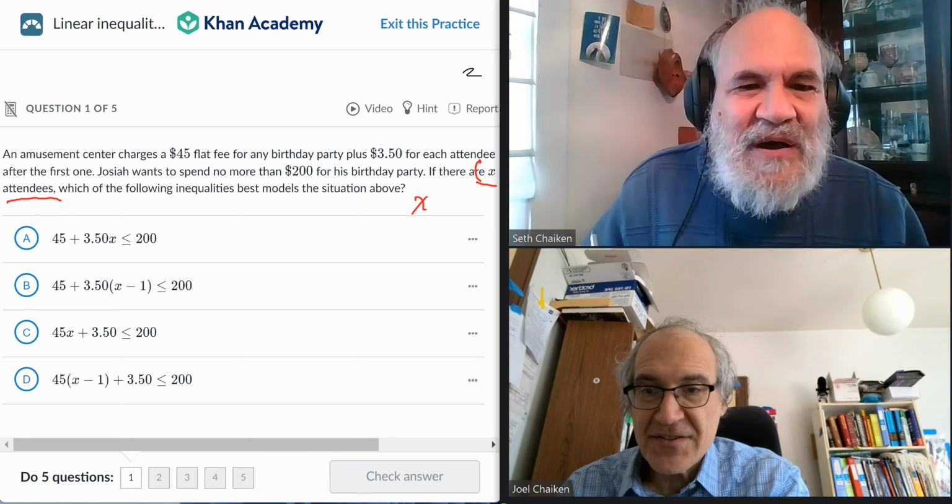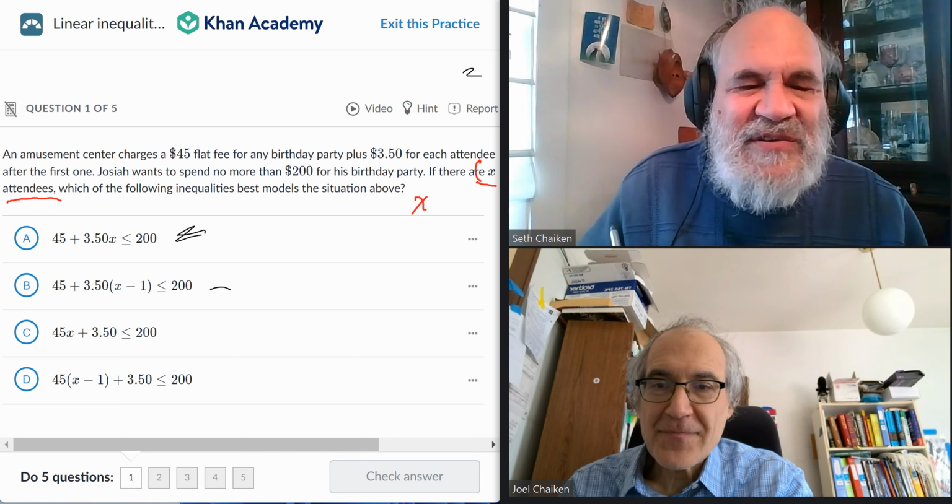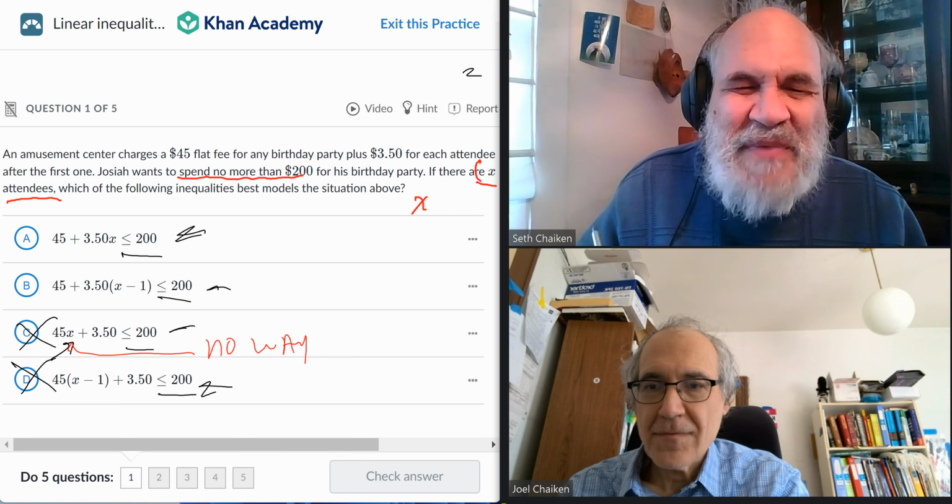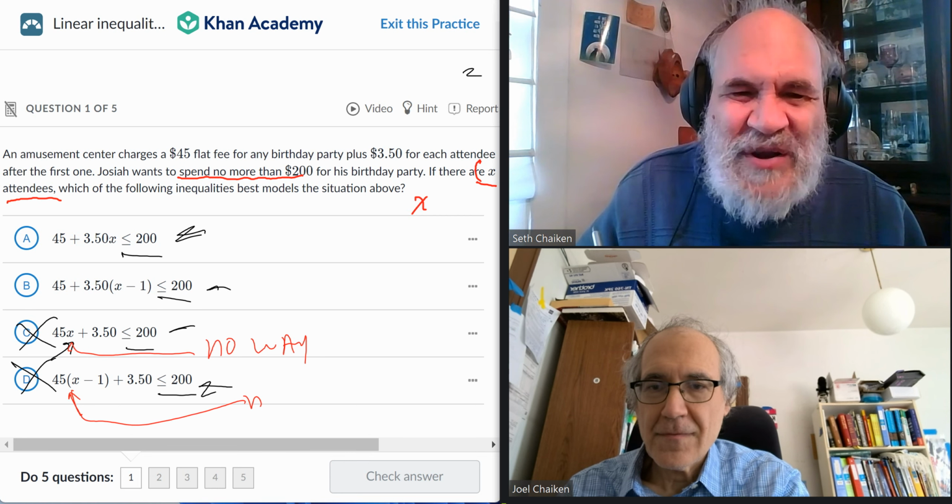First of all, the answers are all of the form: some expression on the left-hand side of an inequality is less than or equal to 200. Every single one expresses that some quantity depending on x is less than or equal to 200.